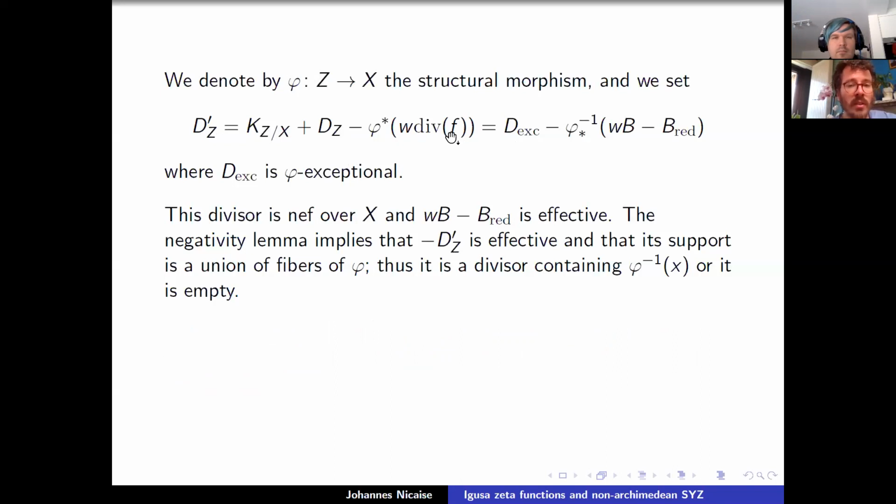The complement of this divisor, phi is an isomorphism. But we've set up the picture in such a way, we've shrunk x around the point little x in such a way that all the components that appear in the resolution intersect phi minus 1 of x. So this means that either our divisor minus dz prime contains phi minus 1 of x, or it's empty because it can't contain any components at all. Okay, okay.